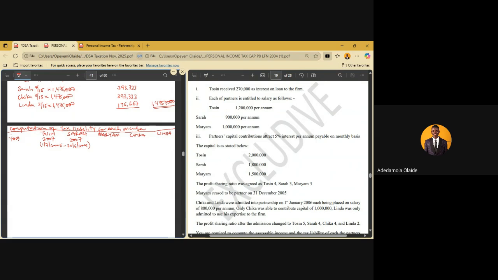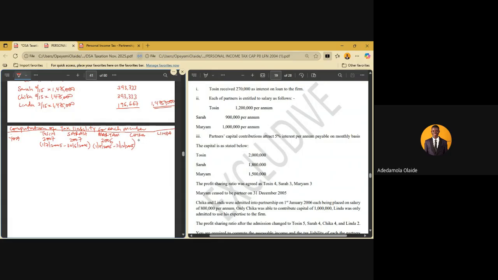So that means 3 months will lapse in 2006. The year of assessment should be 2006, and the basis period will be from 1 July 2005 to 31 December 2005.